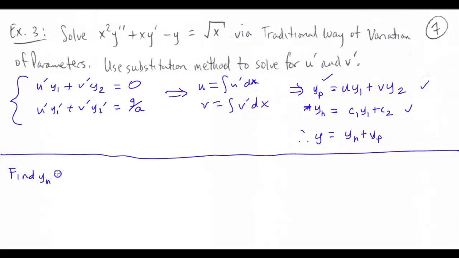So the first thing we want to do is find our homogeneous solution. Notice that we have a second order Euler-Cauchy equation. For this, we know that x raised to the r is going to be a general solution for any equation of this type. But we need to use our characteristic equation to figure out exactly what that's going to look like.